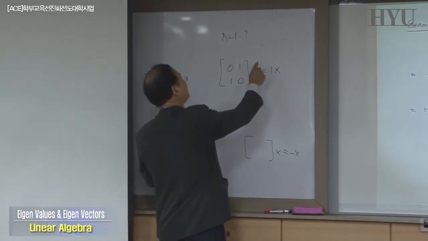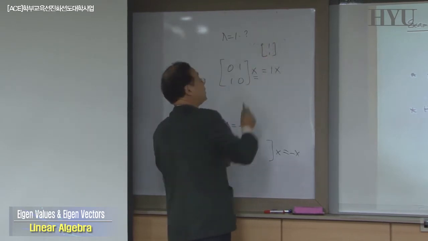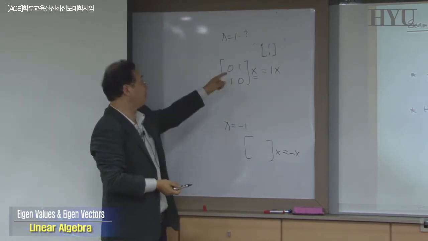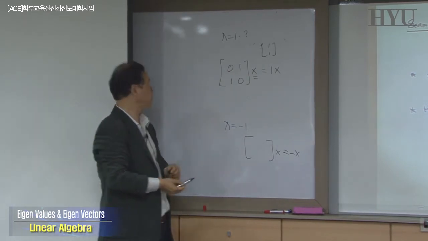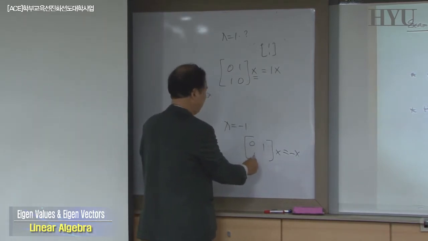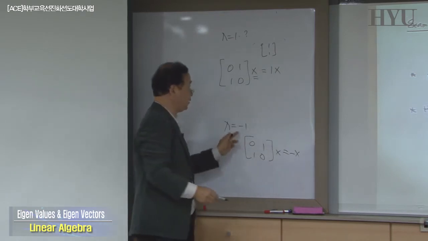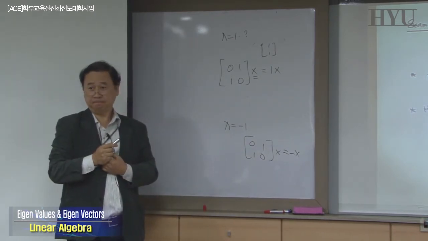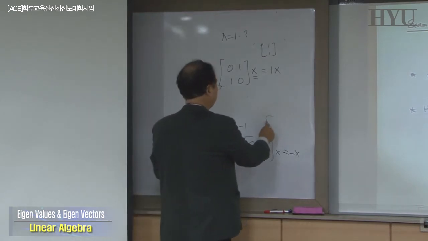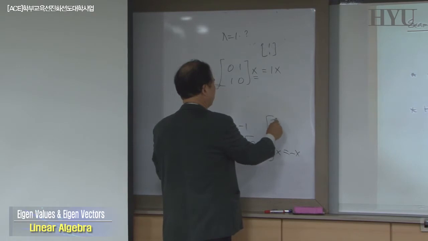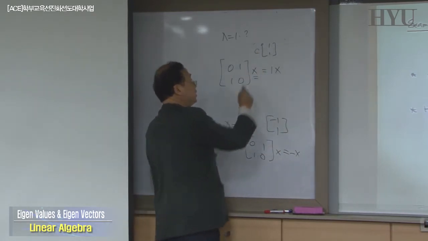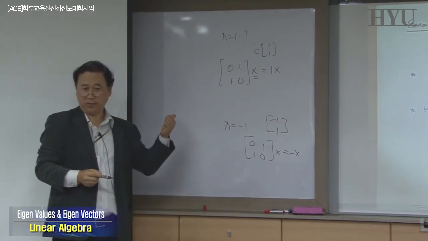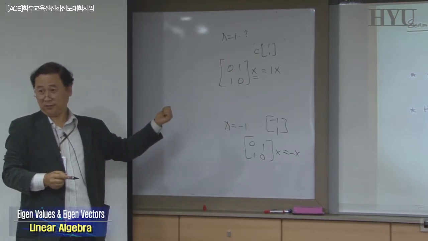Oh, it seems to be okay. [1, 1] seems to be satisfying there, right? So [1, 1], then this is the same. So how about this, like [0 1; 1 0]? What's the x which satisfies that? Also, when you multiply a constant c, this one also satisfies the condition, right?